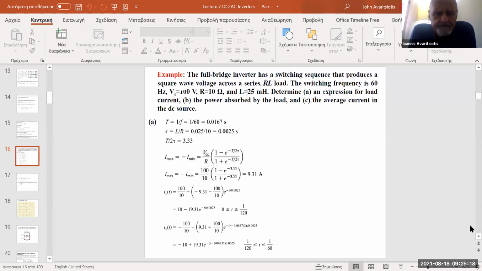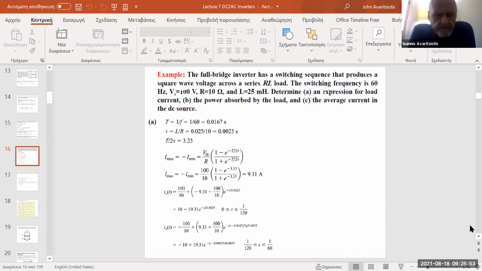So by replacing in the formula we derive for the value of I max, which must be equal to minus I minimum, if you remember, replacing the value of VDC, the value of the resistive load, and the value of the ratio capital T over 2 times tau, we obtain a value of 9.31 amps, 9.3 amps, for the values of I max and I minimum.